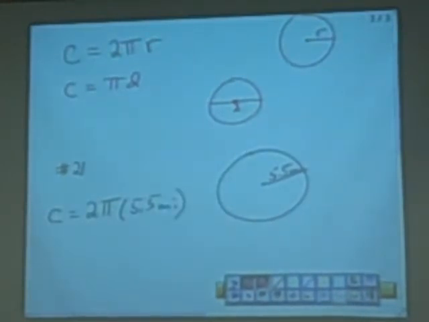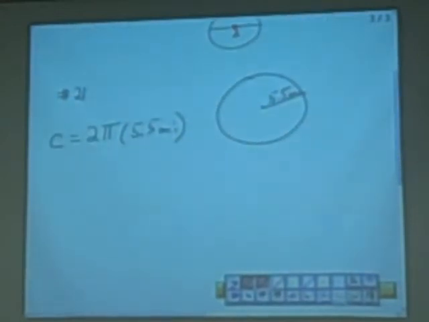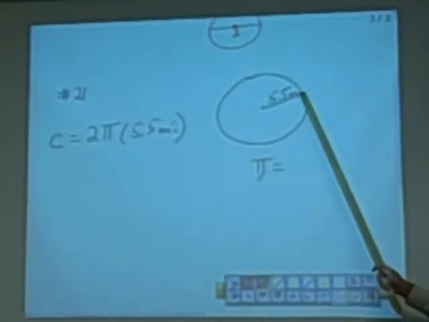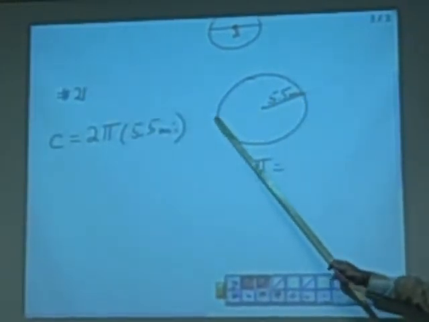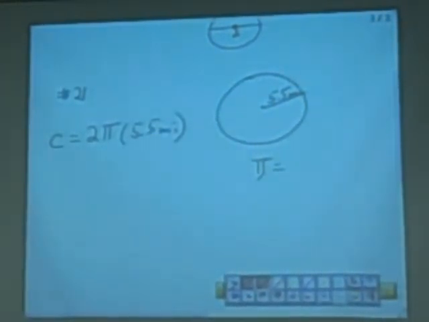Now, in the book, they ask you to write your answer in terms of pi and also as an approximate answer. Well, since we're not using calculators, pi is an irrational number. Pi is the ratio of the circumference over the diameter, and you get 3.14159, and it just goes on and on.